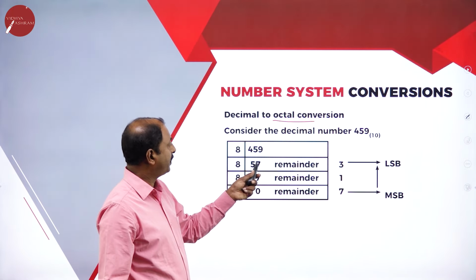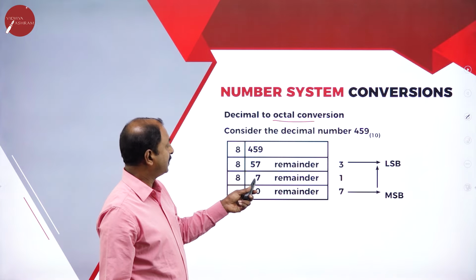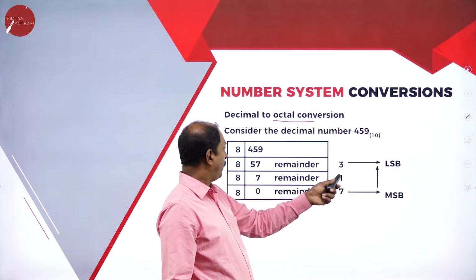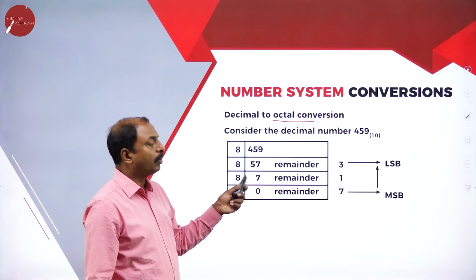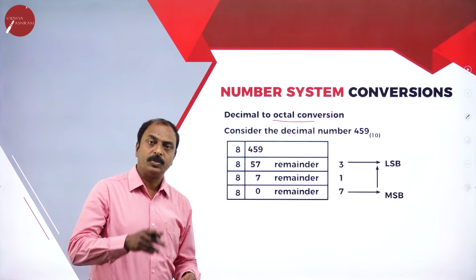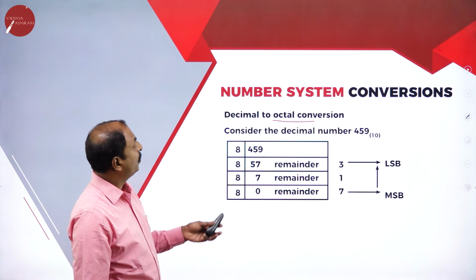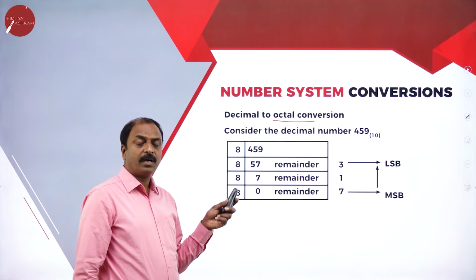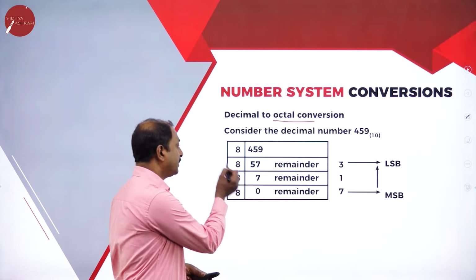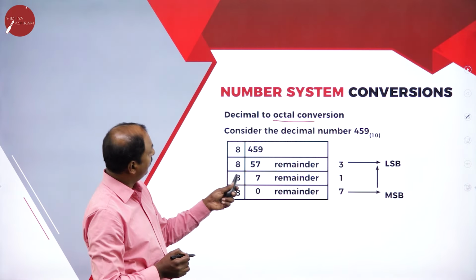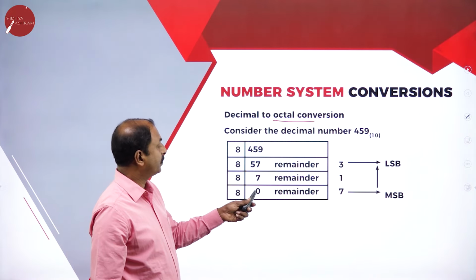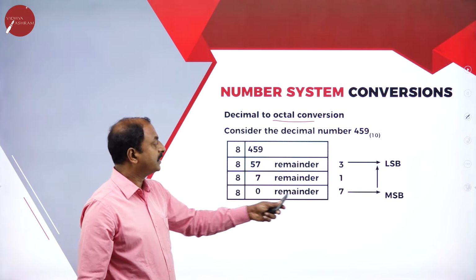Again 57 by 8: 8 7s are 56, remainder is 1. And here we can stop dividing at this position, as we have seen in decimal to binary. We can divide as long as this number is less than this number. Here 7 is less than 8, or you can go for one more step: 8 0s are 0 and remainder is 7.